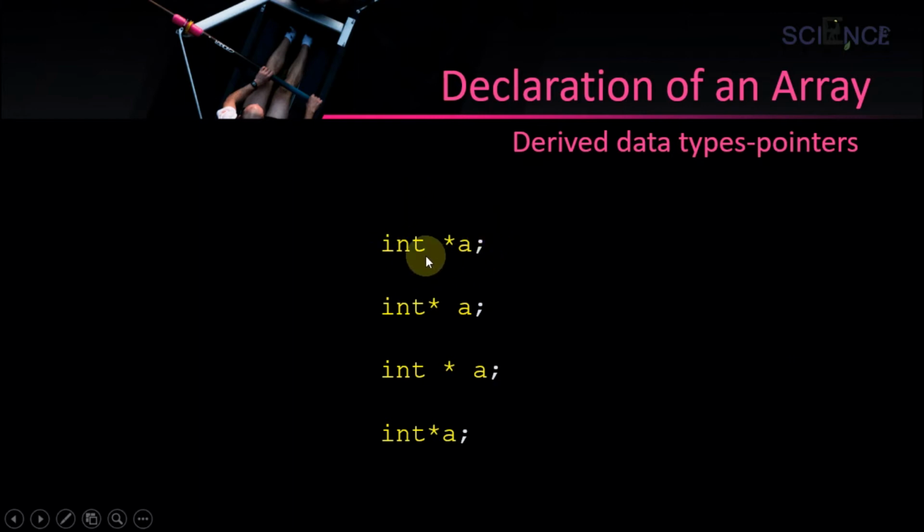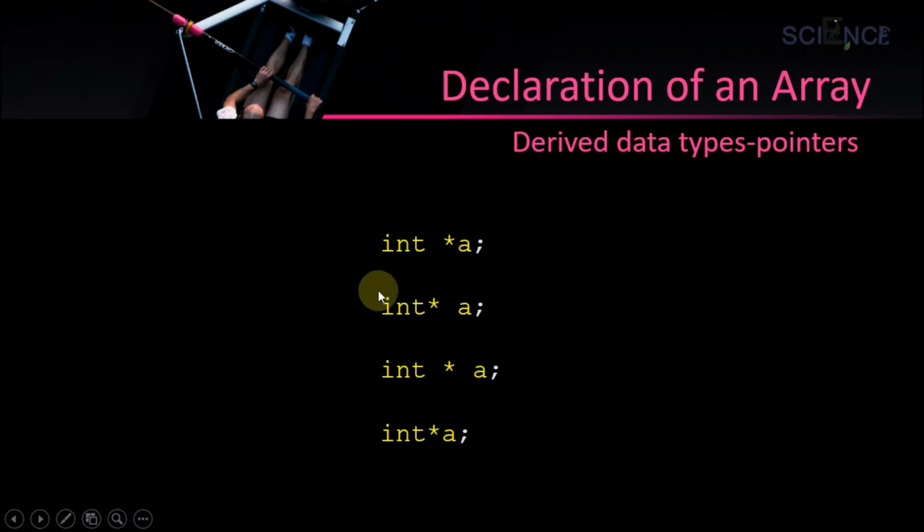So how to create a pointer? We mention the asterisk mark, the star mark. We can mention this star mark near the name of my pointer, or if you want you can mention that star near your data type, or you can mention it between these two, data type and name, like this, right?